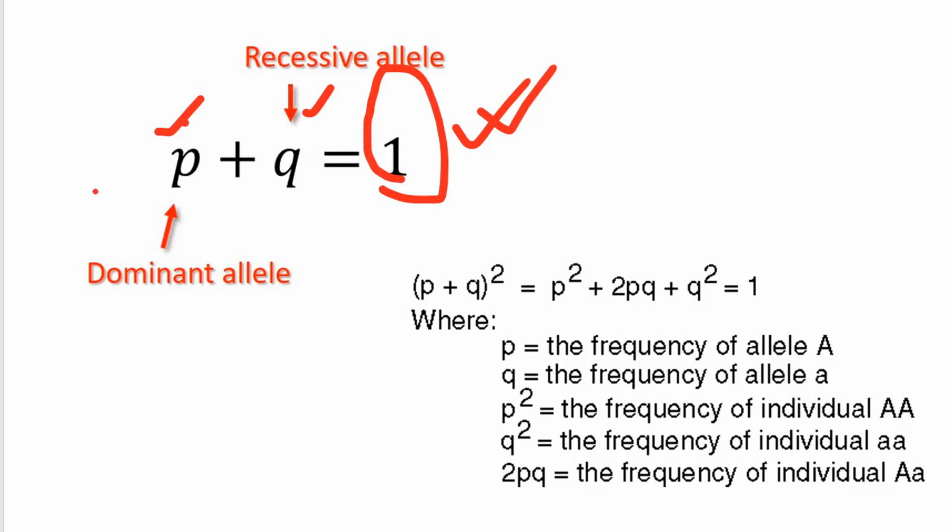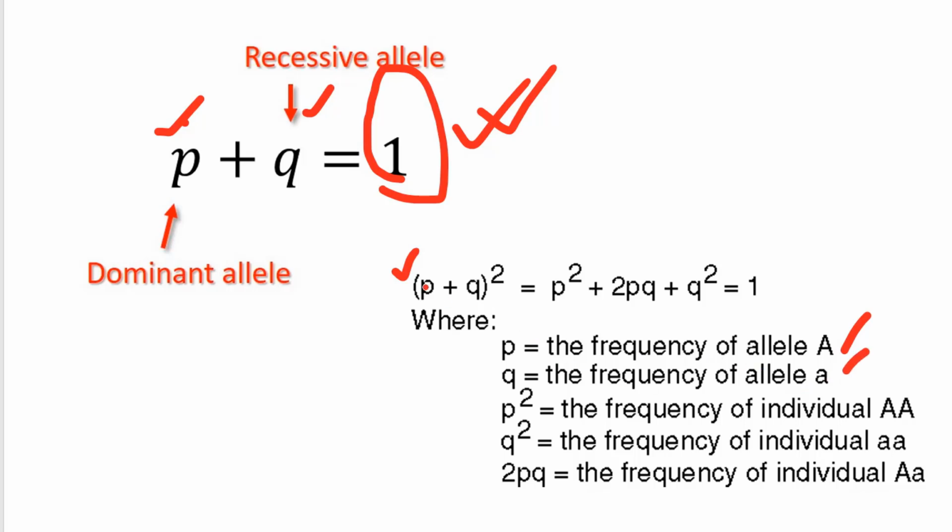And from this equation, if there are two alleles and the sum is equal to 1, and we square both sides, we'll get p square plus 2pq plus q square equal to 1, where p is the frequency of the allele capital A, and q is the frequency of the allele small a.